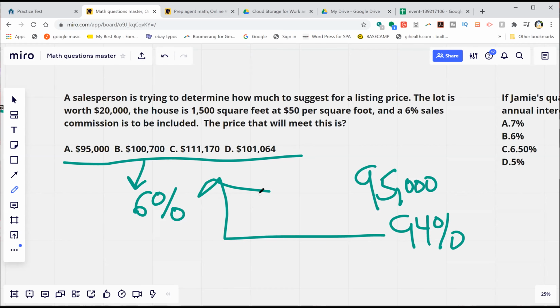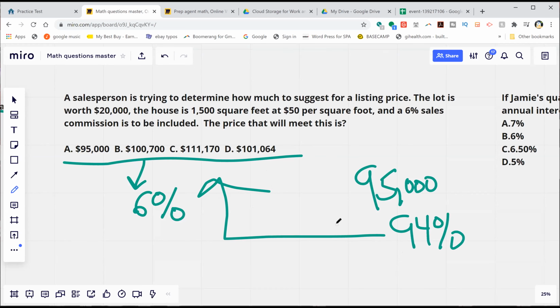So you're not going to multiply it by 6% because that won't make sense, okay? So let me show you a couple of ways that you could get to the answer on this one, okay? So you could divide by 94%.